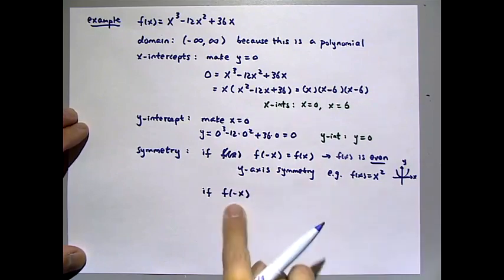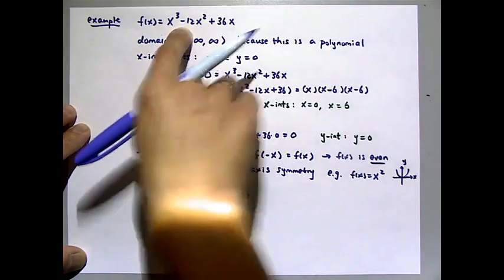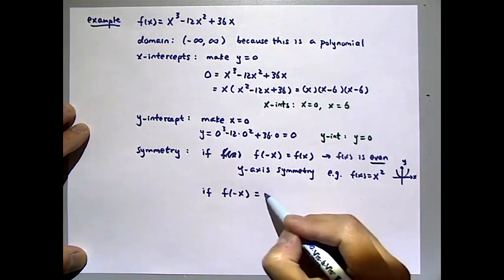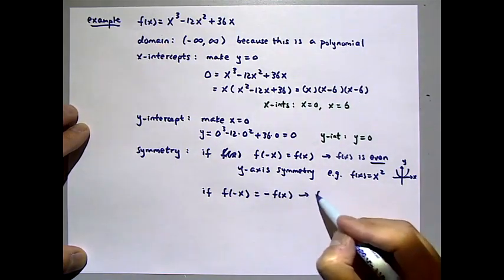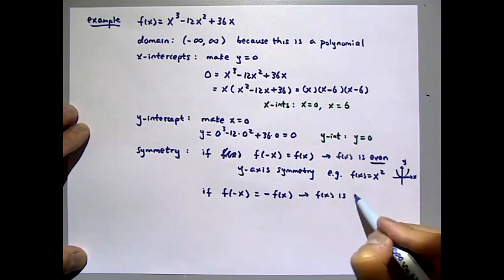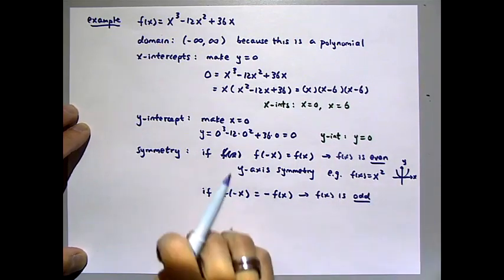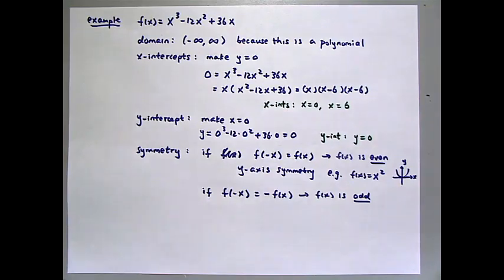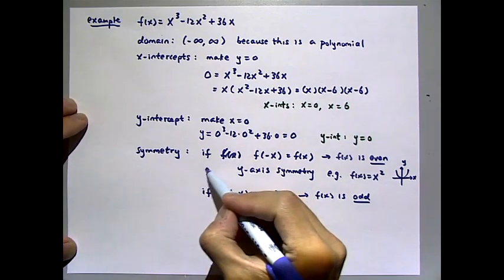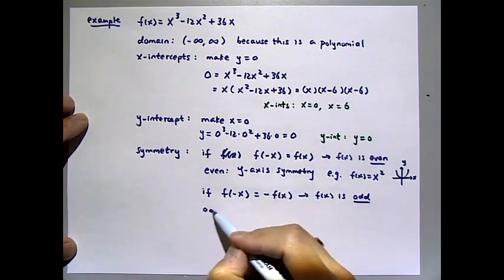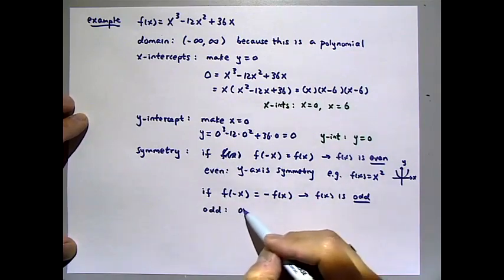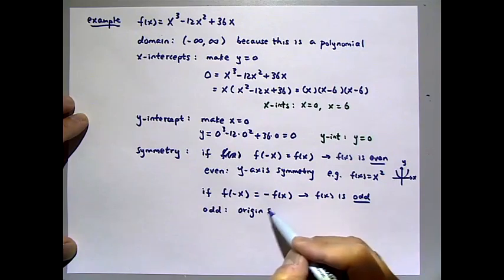If when you substitute negative x into your function, you end up getting the negative of what you started with, this tells you your function is odd. An even function has y-axis symmetry. An odd function has what's called origin symmetry.